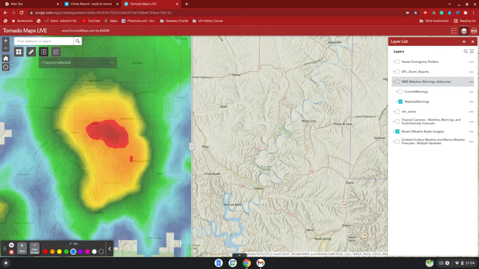The moderate is in the yellow, and then we have our little blobby friend here, a multi-cell that is probably just a heavy rain, maybe severe hail type of deal. But there is no specific rotation going on in this particular cell here.